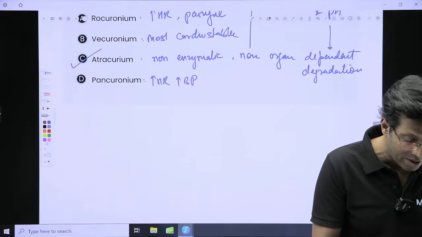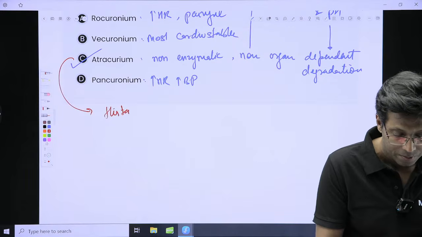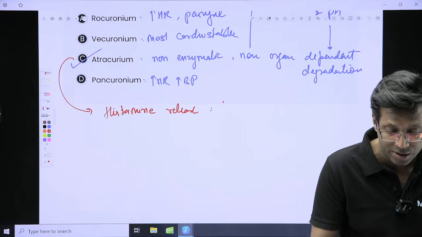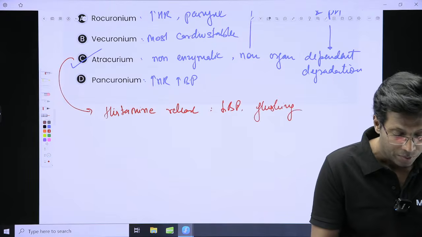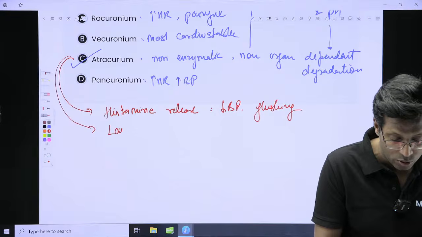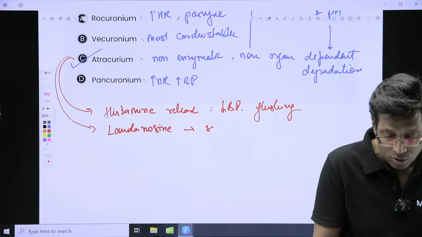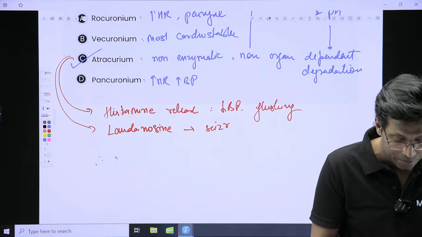The problem with atracurium otherwise is that it can cause histamine release, and because of that it can decrease the blood pressure and cause flushing. The second problem is that it can form a metabolite, laudanosine. Accumulation of laudanosine can cause seizures, and therefore we have cisatracurium.